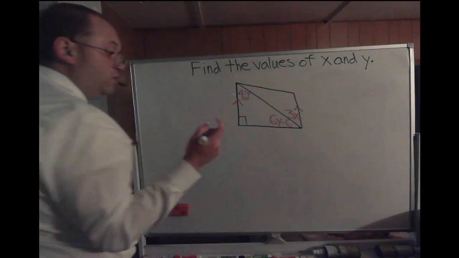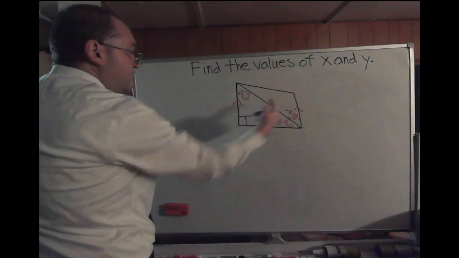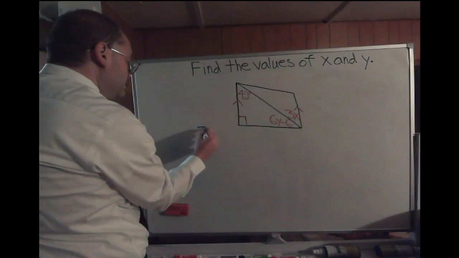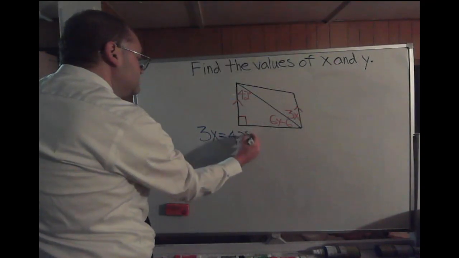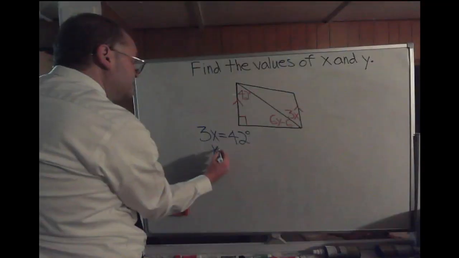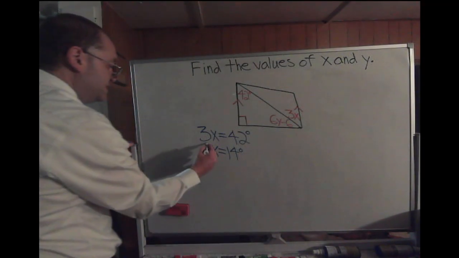So, we know alternate interior angles are congruent if you have two parallel lines with a transversal intersecting them. So you'll take 3x and set that equal to 42 degrees, which would mean x is equal to 14 degrees. Okay, that was easy enough.